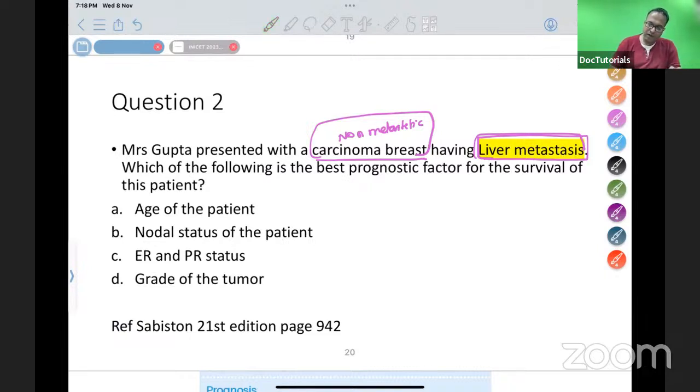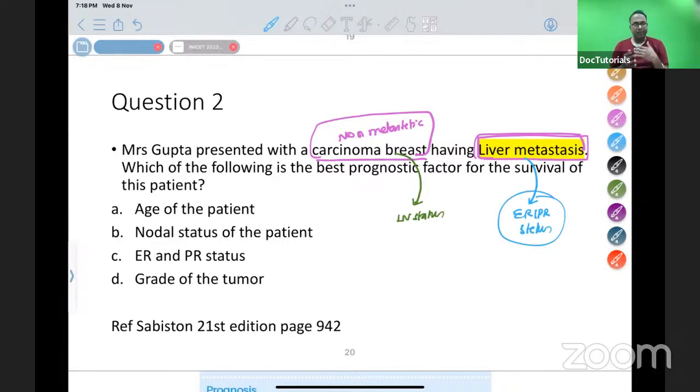Please understand, for non-metastatic breast cancer, lymph node status is the correct answer. Lymph node metastasis decides the prognosis of the patient. Whereas if there is already a liver mets, ER/PR status decides the prognosis. So ER/PR status is very important for liver mets cases, and non-metastatic case means lymph node status.